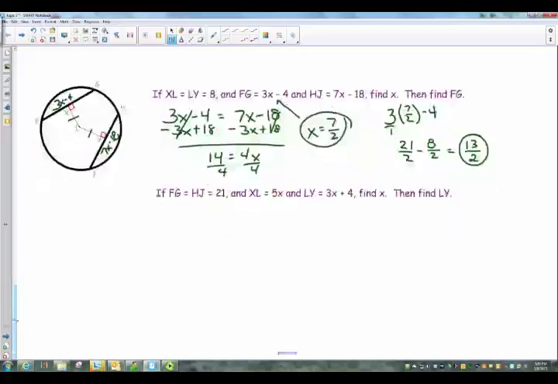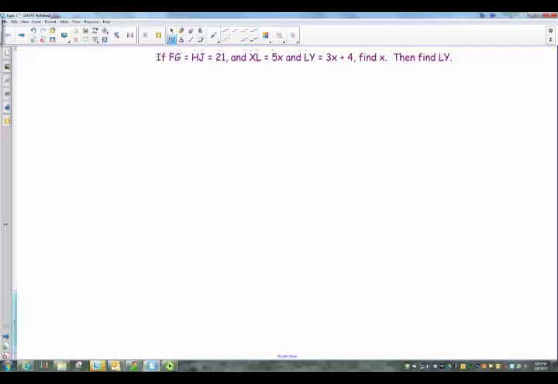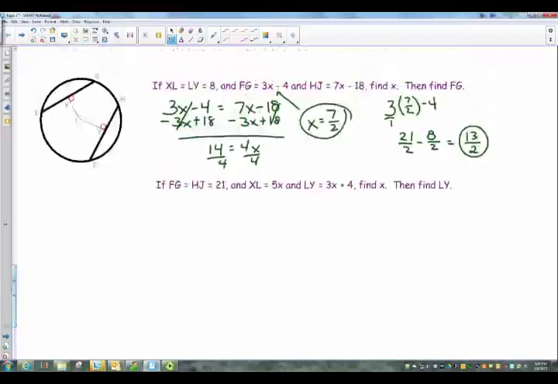All right, on your own, pause the video, give that last problem a try. Okay, let's see how you guys did. So this one says that FG is equal to HJ is equal to 21. Okay, so those two are congruent, and that's all we get from there. Now XL is 5x.